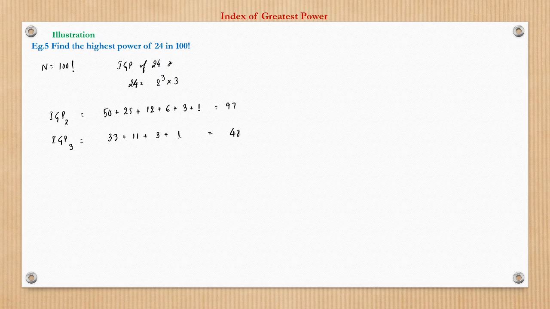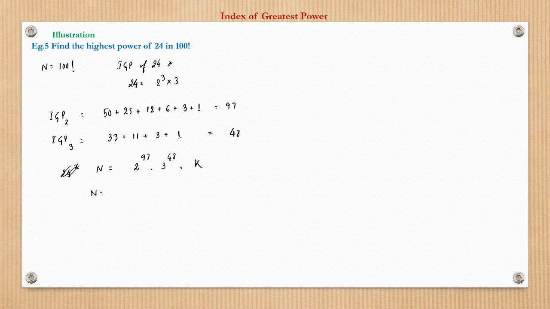Now what we want is the power of 24, so we want 24 raised to power x. Let me show it again. n I can write as 2 raised to power 97 into 3 raised to power 48 into some other number.